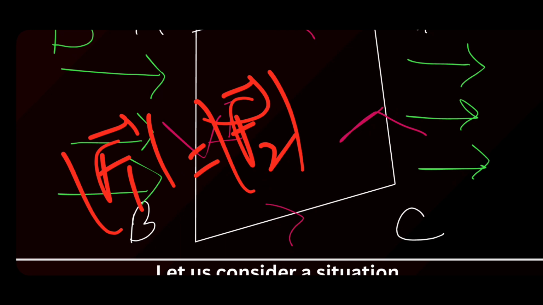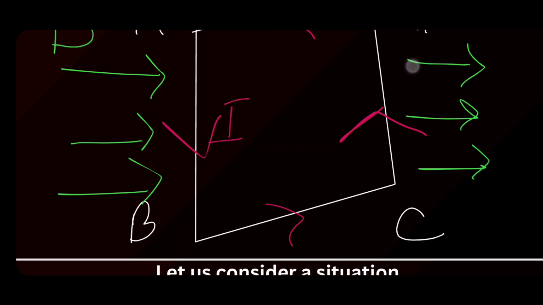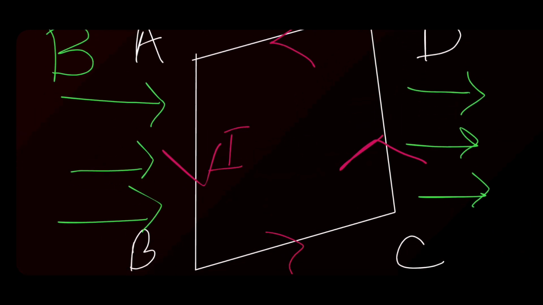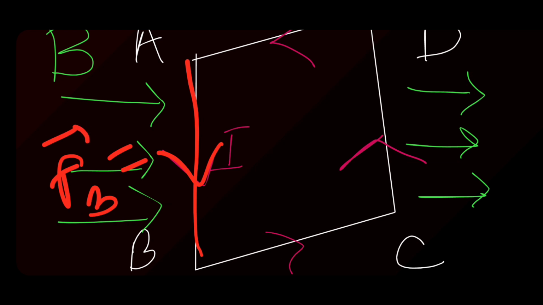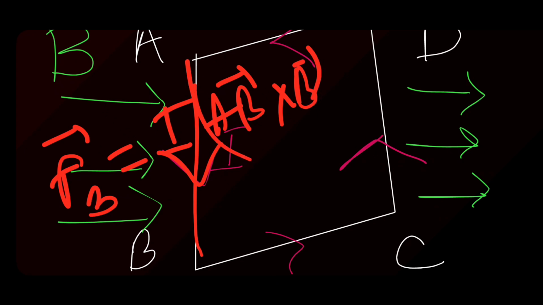Similarly, the force on side AB is F3, and this force is I AB cross B, and this will be in this direction.